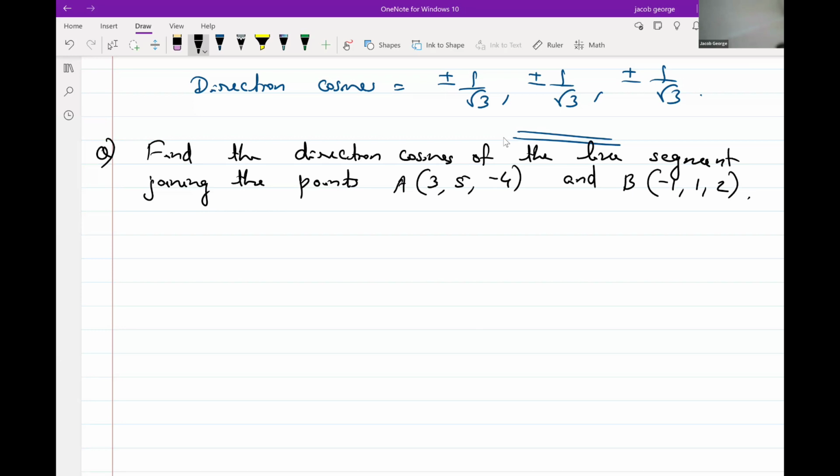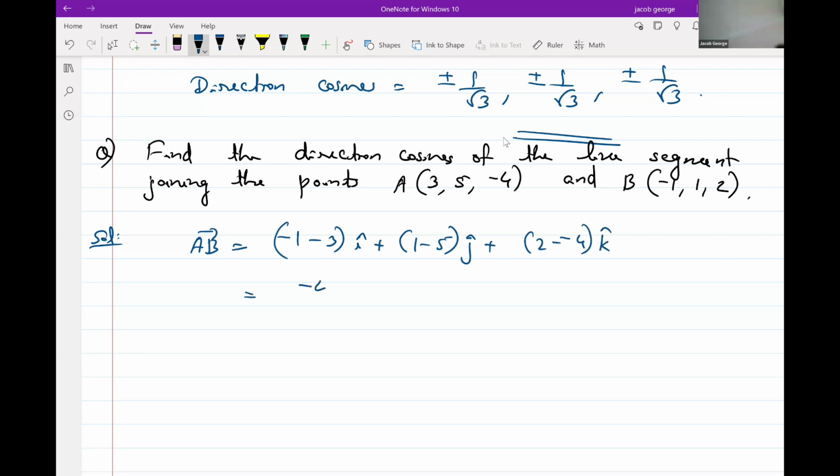So first of all, you will convert this line segment into vector form. Vector AB, all of you know that if two endpoints are given, it is (x2 minus x1) i cap, which means (minus 1 minus 3) i cap plus (1 minus 5) j cap plus (2 minus minus 4) k cap.